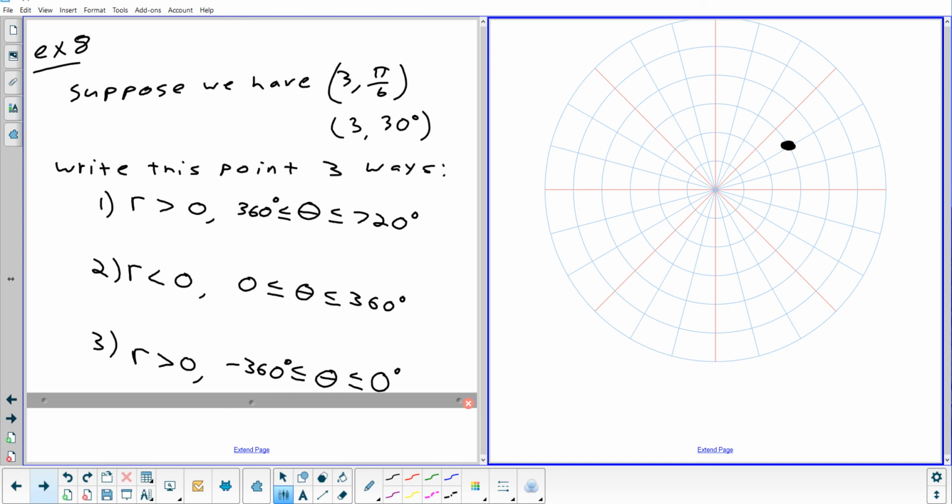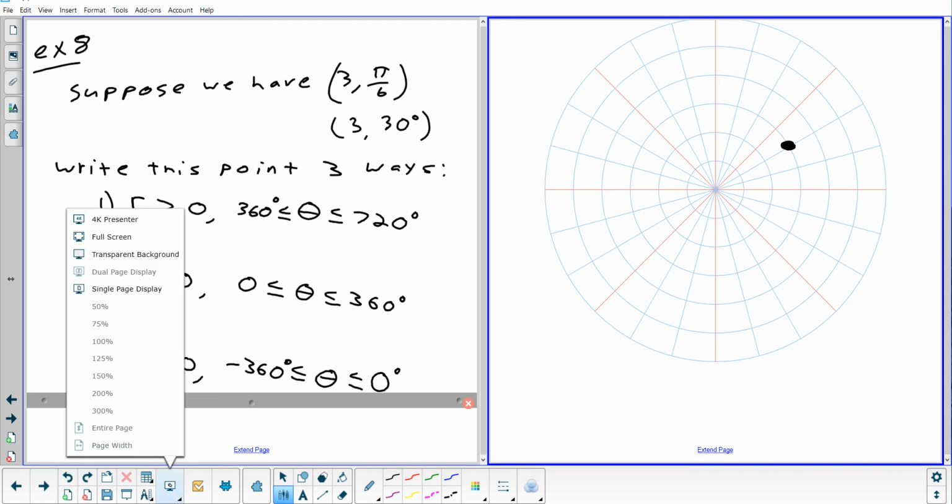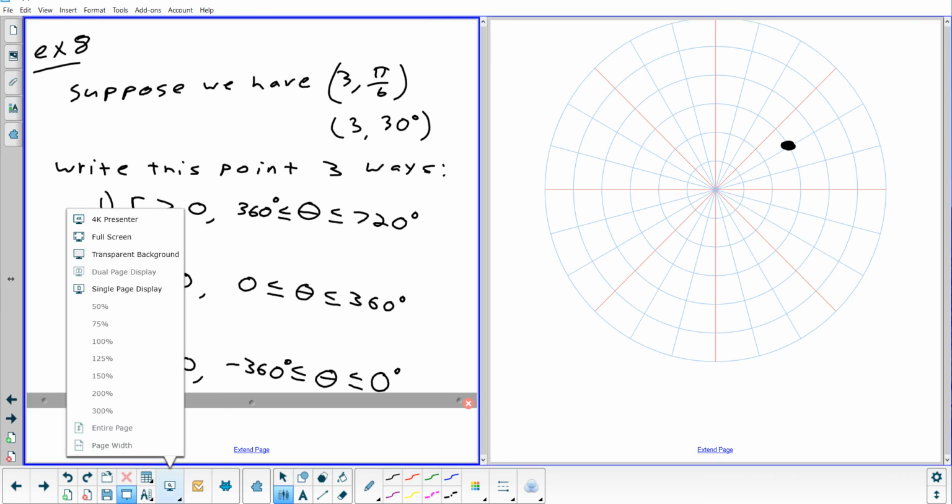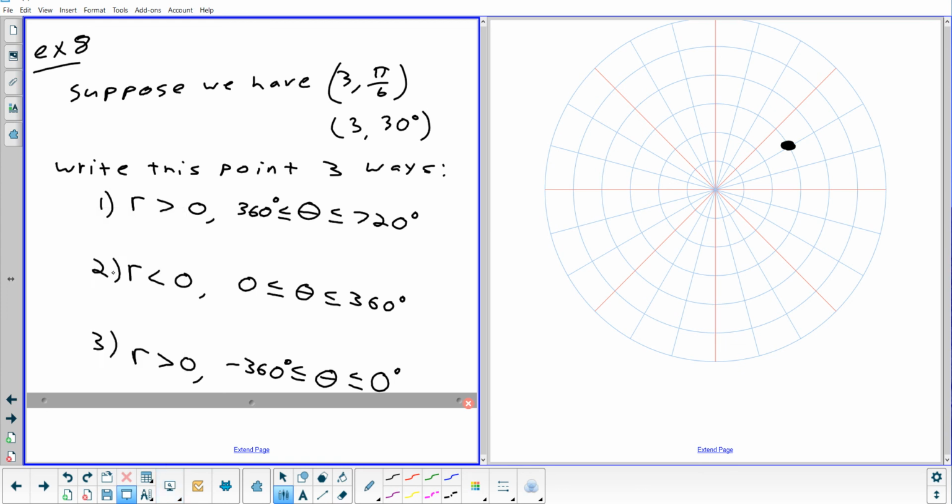If everybody has what's on the left, I can make the graph on the right bigger. Everybody have what's on the left? All right, so see if you can figure out those 3 different ways to write the coordinate.